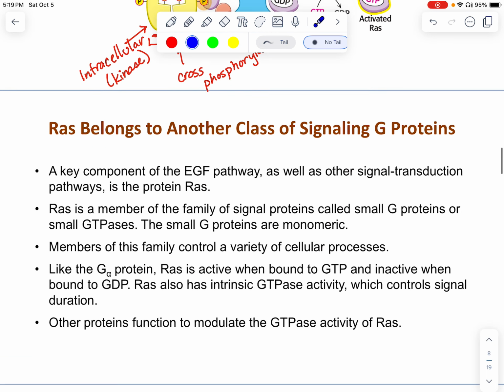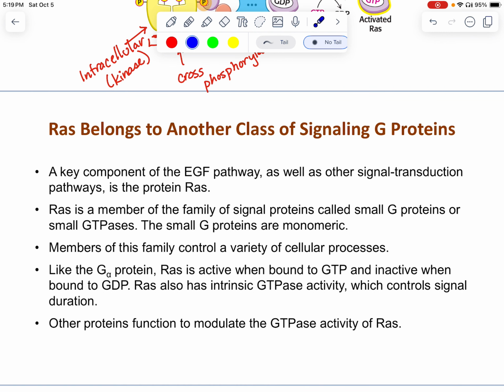Let's talk a little bit about that RAS protein. So when we talk about this particular protein, it's a key component in many signal transductions. So remember, signal transduction, we're moving the signal from one molecule to the next.